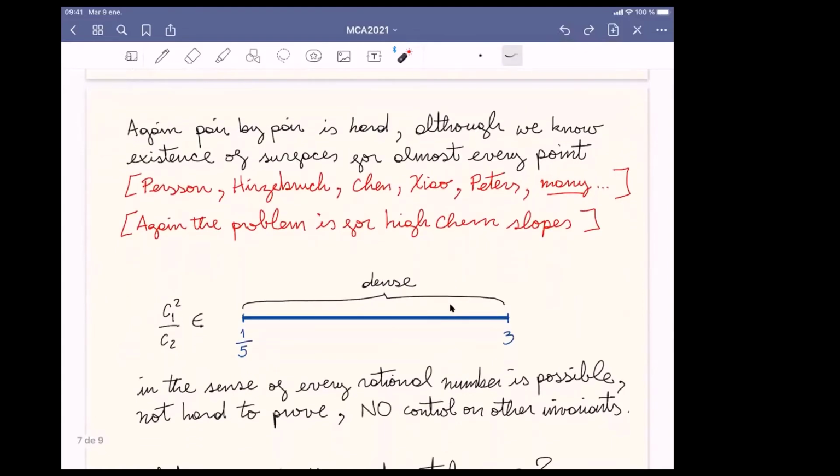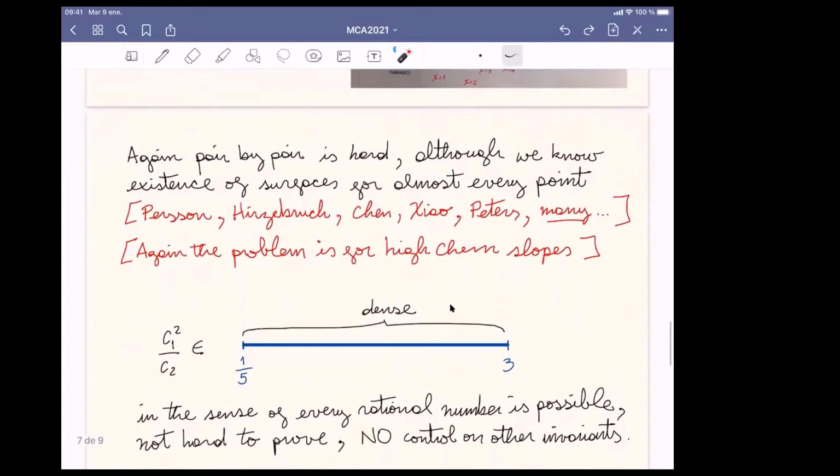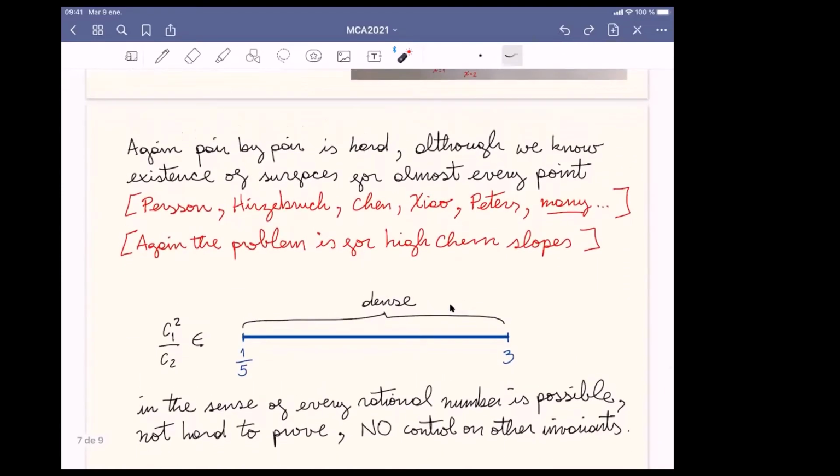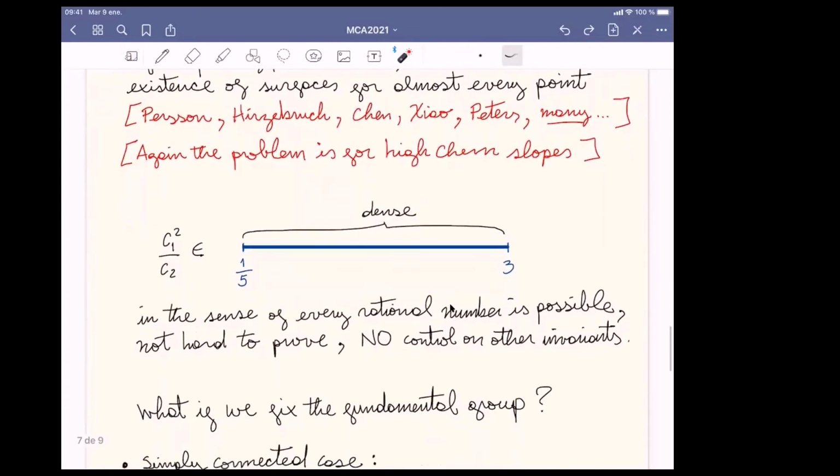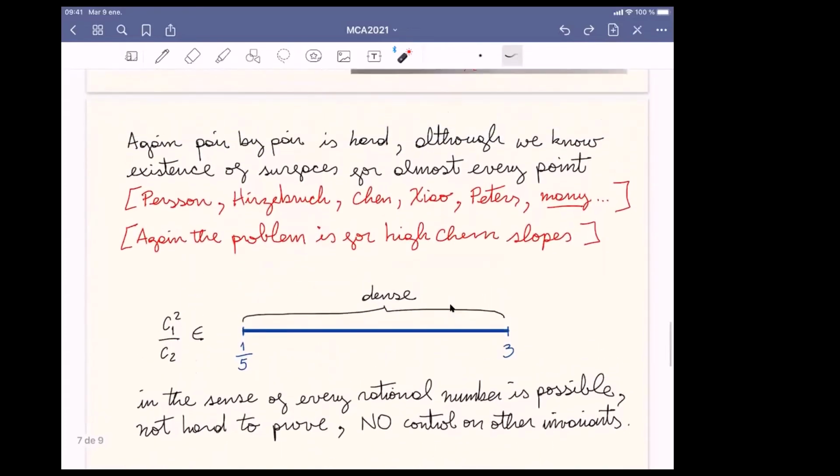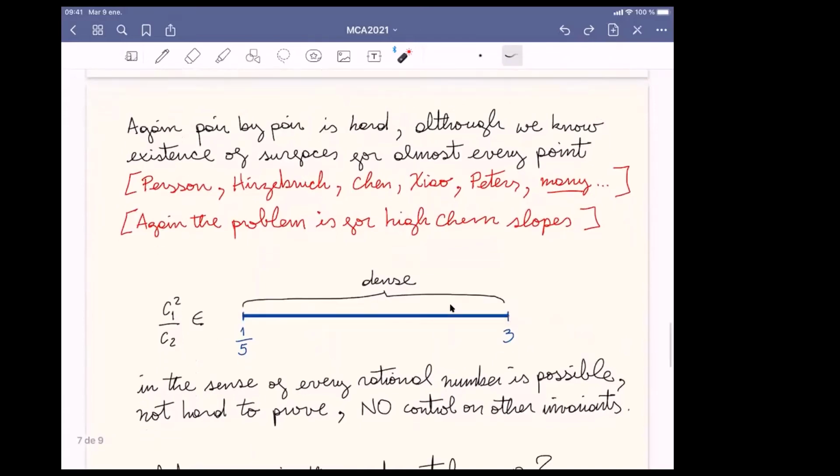In the sense that, and even more specifically, every rational number is possible. But there is no control on any other invariants, and I would like to soon fix some other invariants like the fundamental group. So it's dense, okay. For characteristic p, you can go to infinity here, and you can prove also that that is dense.